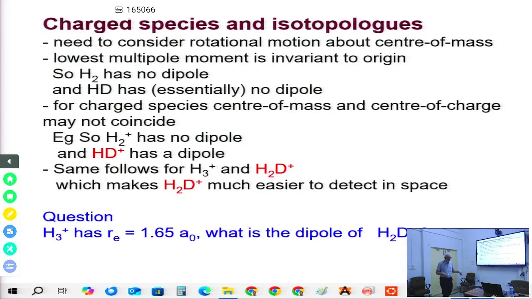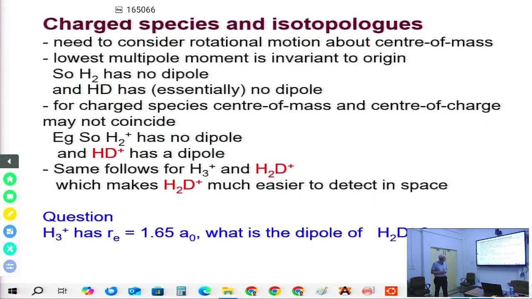The center of charge is still the middle of the molecule, but the center of mass is shifted nearer the deuteron than the hydrogen, because the proton is lighter. So you end up with quite a sizable dipole as a result, and HD+ has a strong rotational spectrum. HD does not. H2 does not. It's purely an effect of the charge.